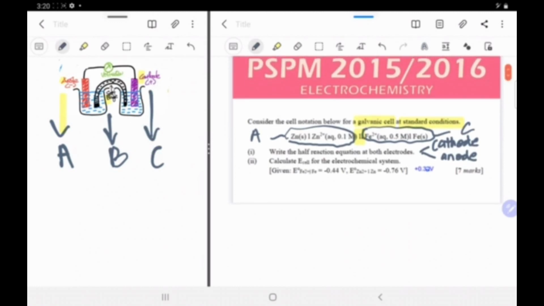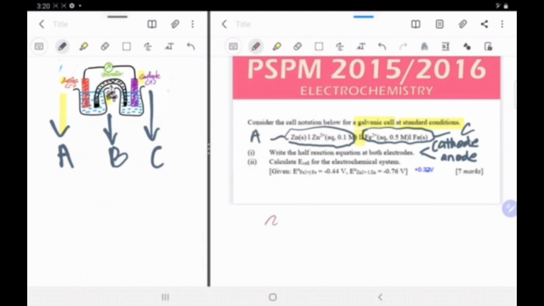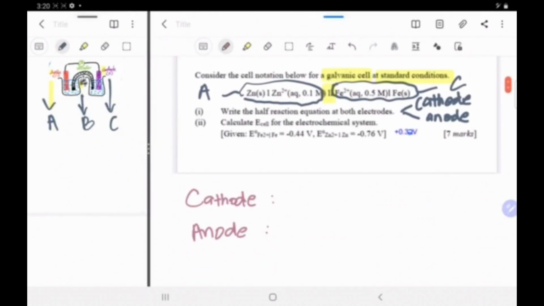So how are we going to write it? I'm going to put it like this: cathode and anode. First, we need to know what reaction is happening at the cathode.